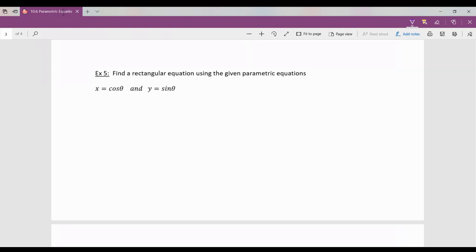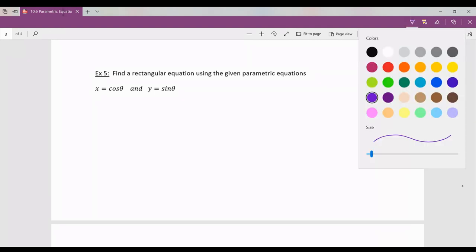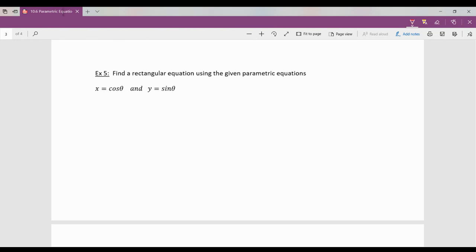One of the options we have, like what we were doing before, is solving for t. So what we could do here is solve for theta. And the way that I would get rid of theta is with cosine inverse. So I would have theta equals cosine inverse of x.